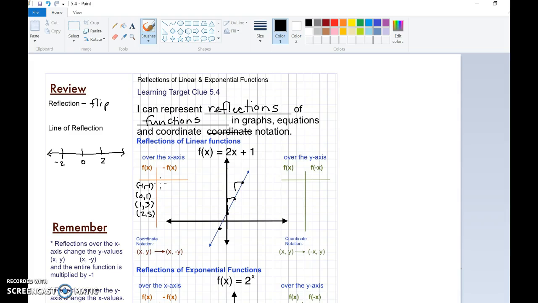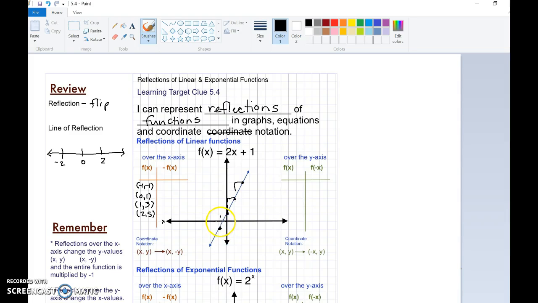So let's start with this point first, right here, (-1, -1). If we were going to take this point and flip it over our x-axis, which is right here, where would it end up? Well, it would be the exact same distance from the x-axis on the other side. So this is 1 away from the x-axis.